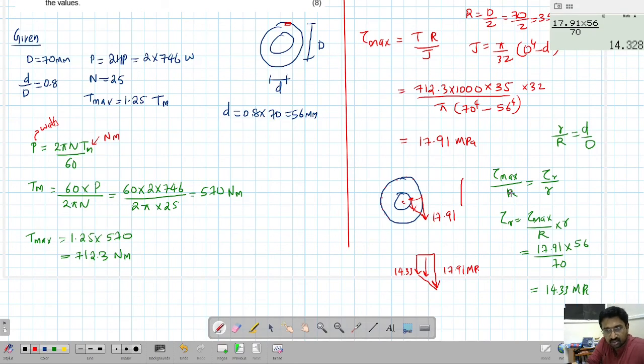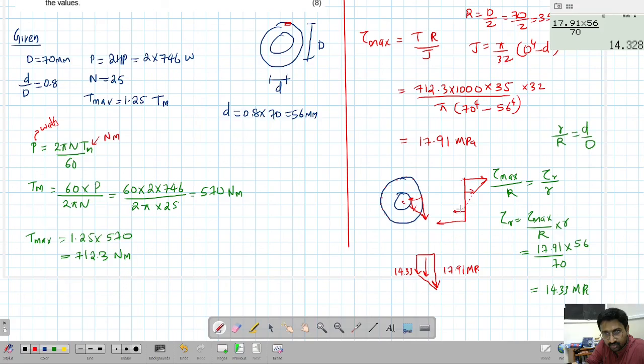This is the section. So here we have the maximum value, here we have the minimum value, then we have no value here. Then we have some value here.